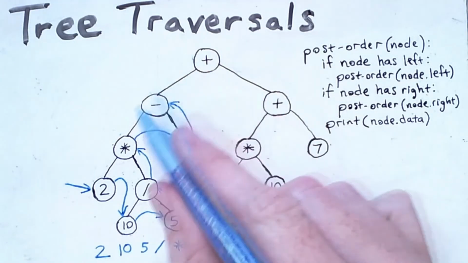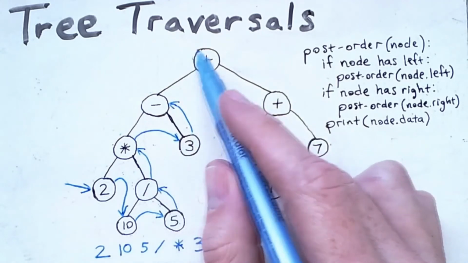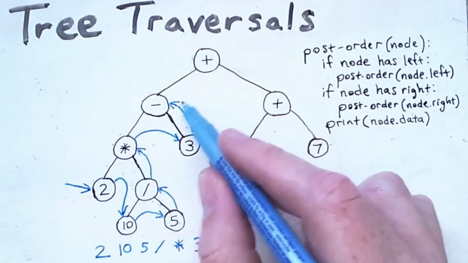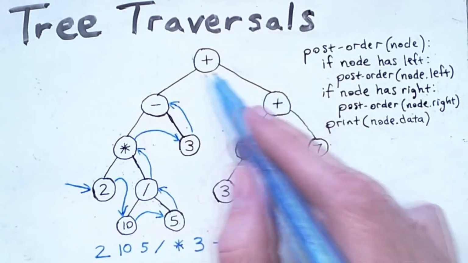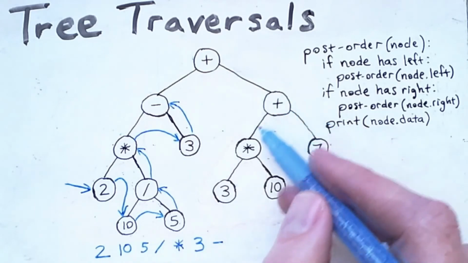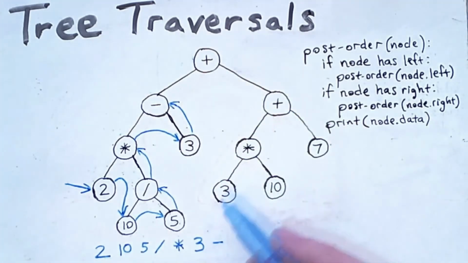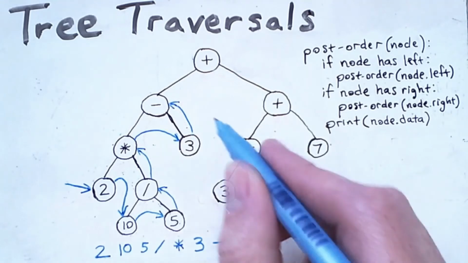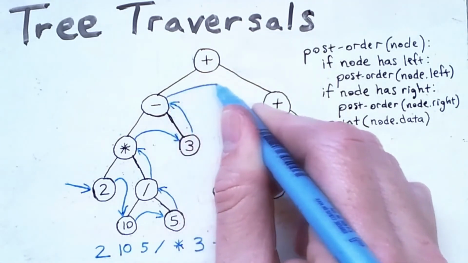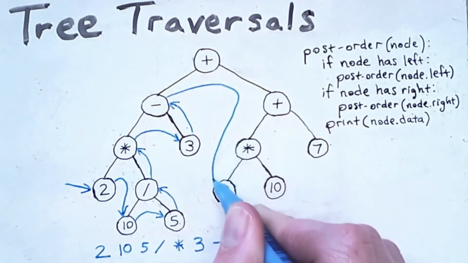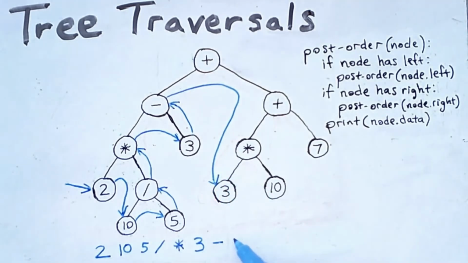Here, we've finished exploring the left subtree of the root node, but now we have to go to the right, and once we call the right, we then go to the leftmost child of that whole subtree. So the next value being printed out would be this 3.